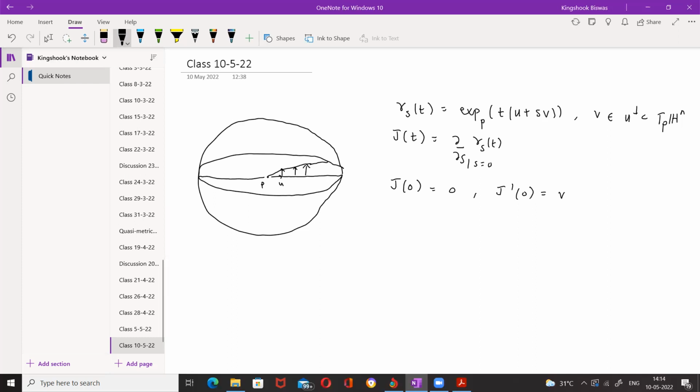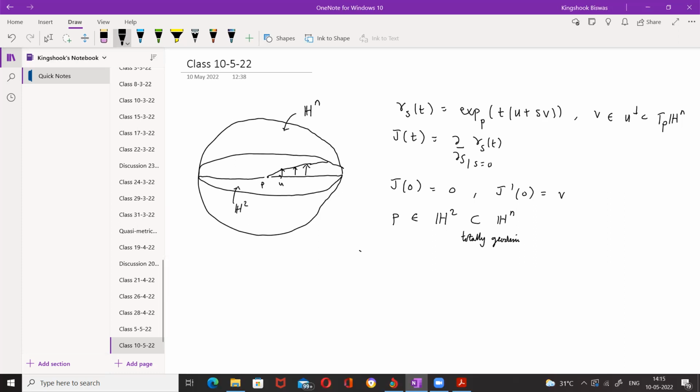So what I can do is, my P is lying in a copy of H2 inside Hn, a totally geodesic copy, right? Okay, so this is my Hn, and this is my totally geodesic copy of H2.